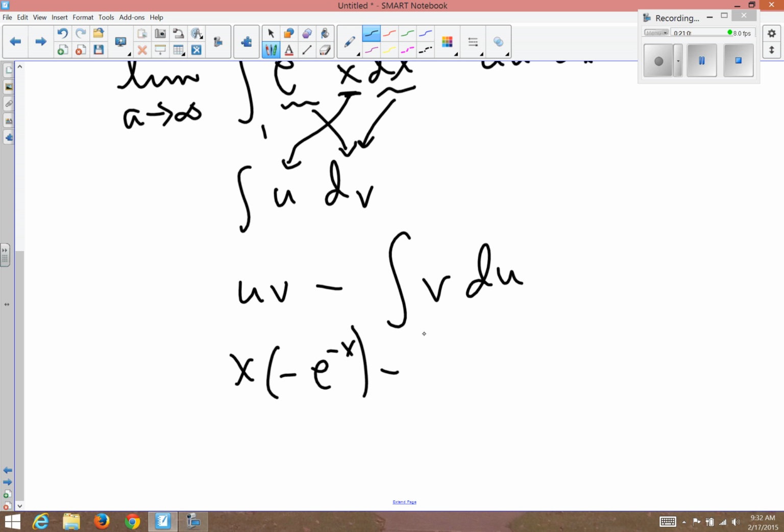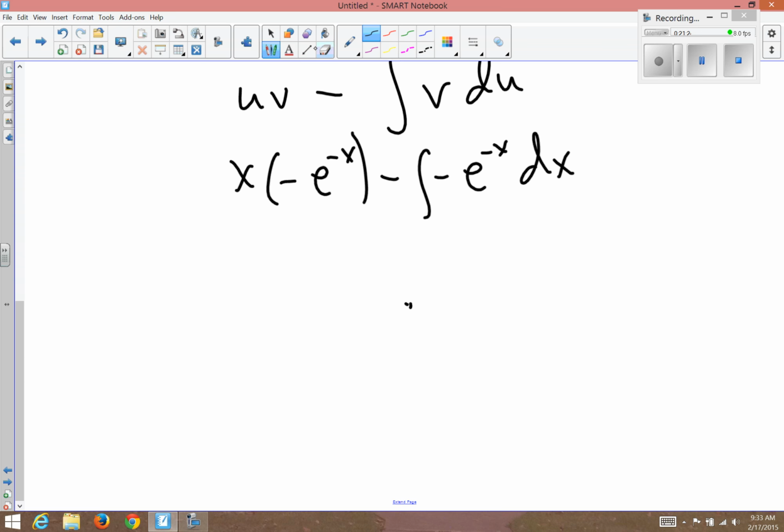Copy the minus, copy the integral. V is negative e to the negative x, and du is dx. Put all the information for these up there. This is now negative x e to the negative x. Two negatives here, so that's plus the integral of e to the negative x dx.